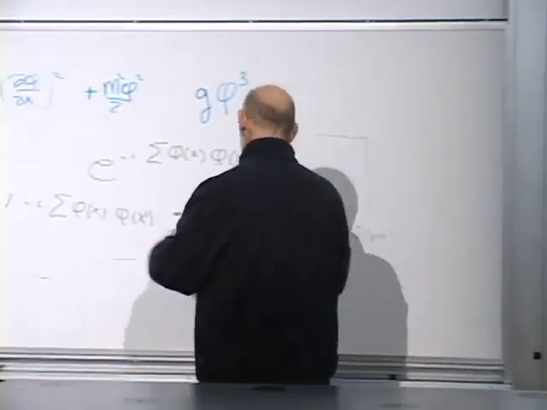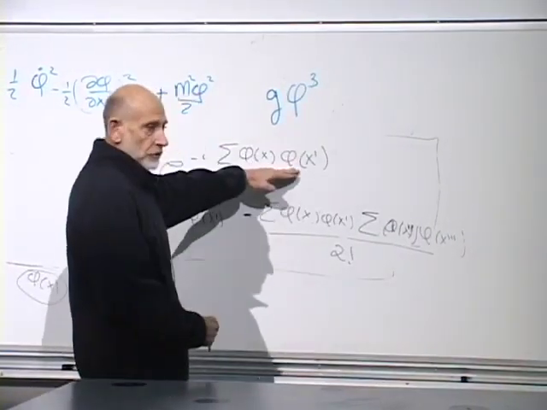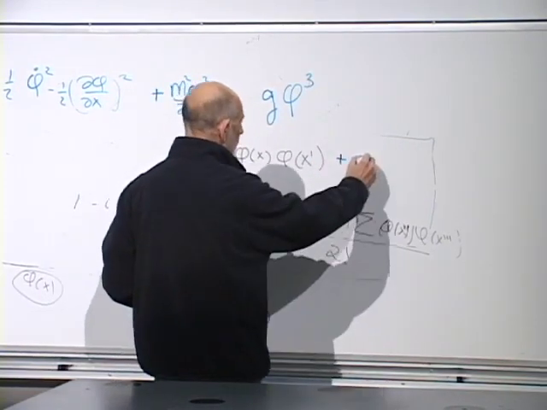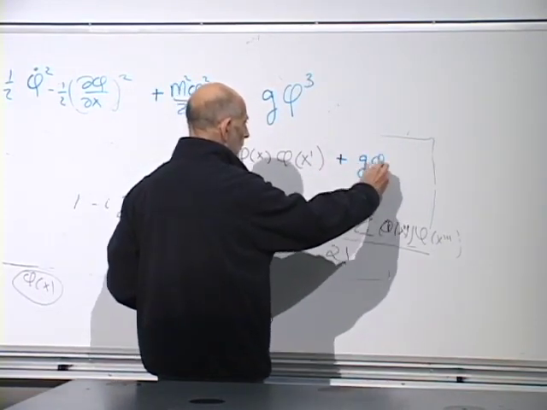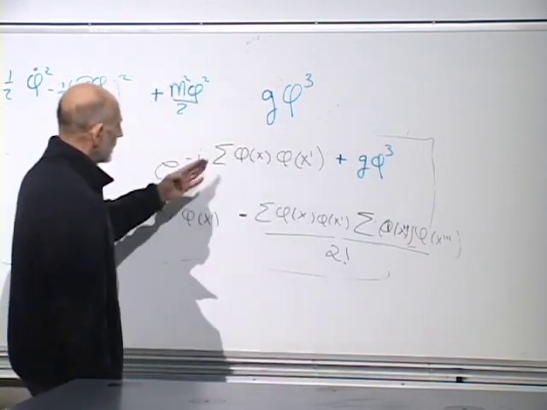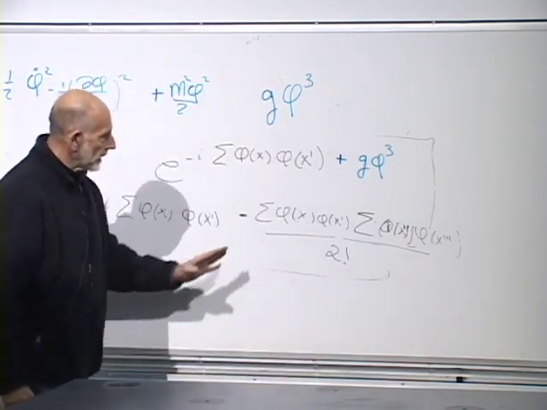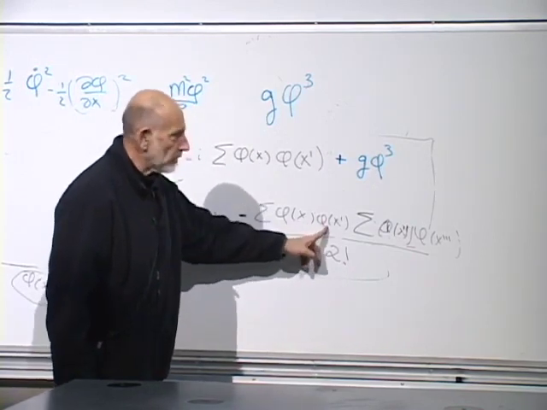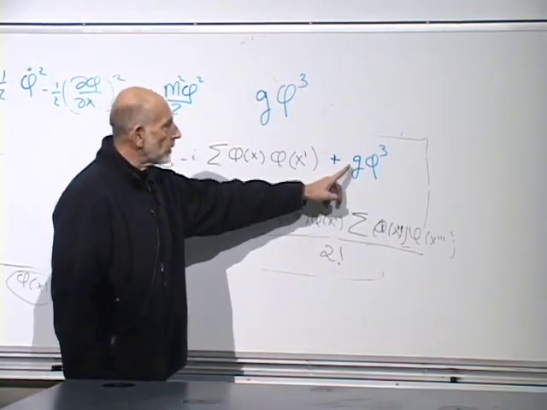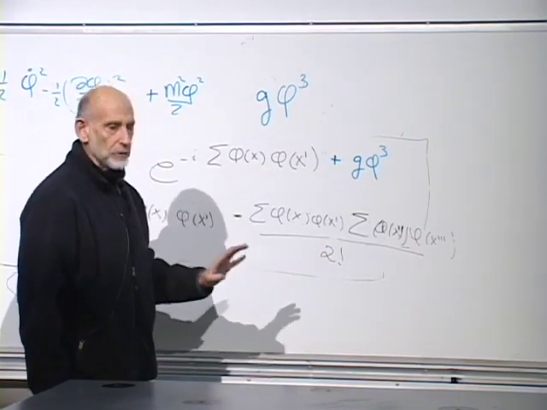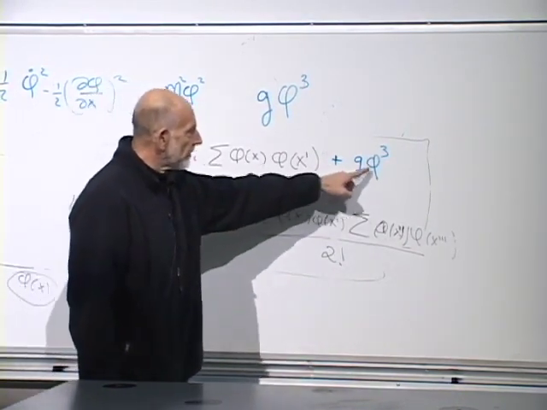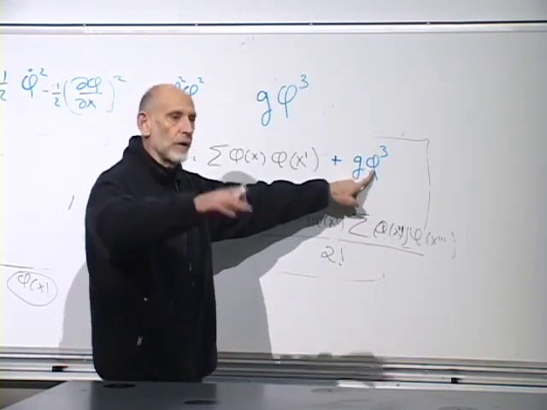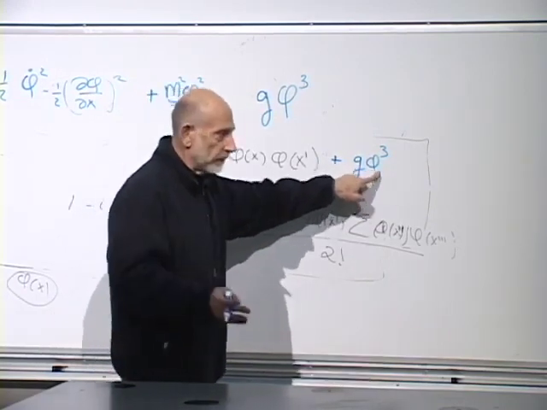In expanding out the action, expanding out the exponential, there might be additional terms here, for example, g phi cubed. When we expand out, we can have not only these products which take a particle from one point to another, but also processes where particles are created and annihilated in threes, either 2 in, 1 out, 2 out, 1 in, or 3 in or 3 out.